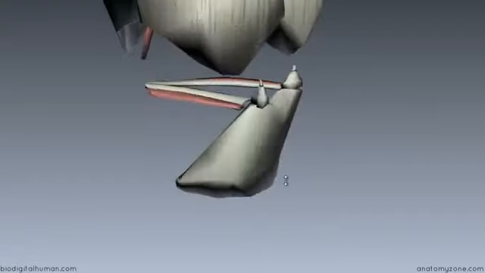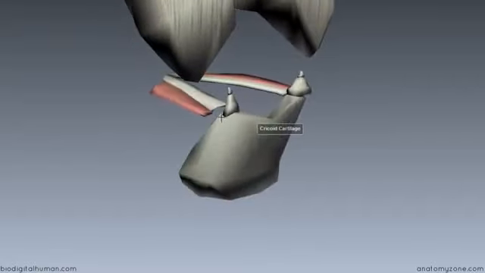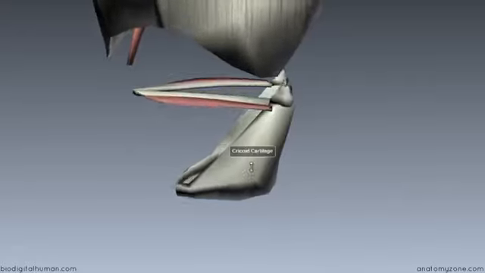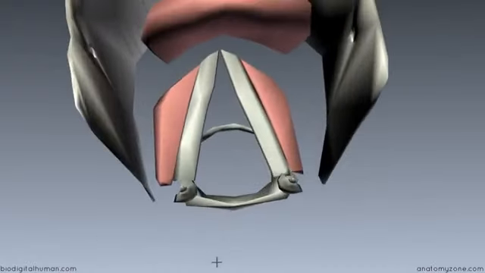The next part of the cricoarytenoid muscle is the lateral cricoarytenoid, and this originates on the upper part of the cricoid arch. So it sits laterally on the cricoid cartilage, and it inserts again onto the muscular process. But because of its different origin, it's going to produce a different action on the arytenoid. Because it sits in front of the muscular process, when it contracts, it's going to produce the opposite action to the posterior cricoarytenoid muscle.